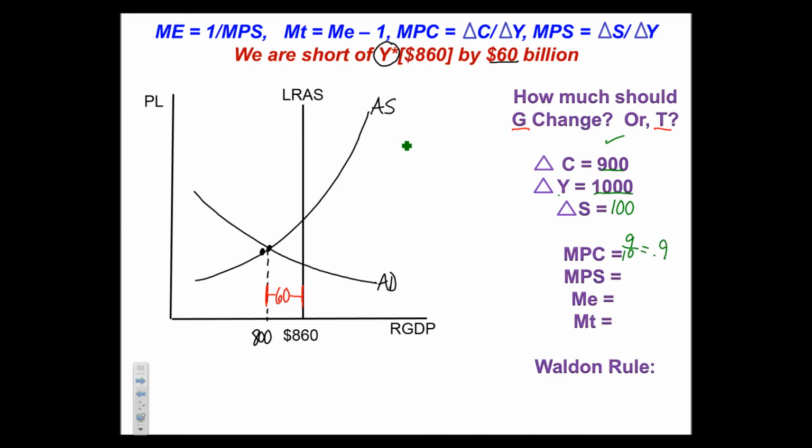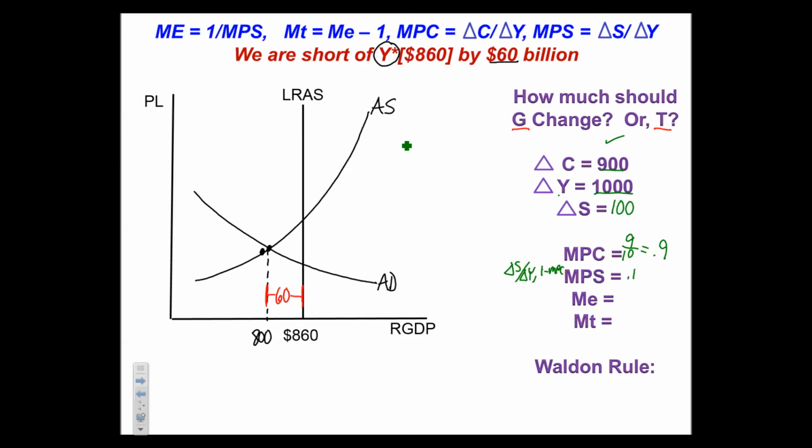That means our MPC is 0.9. Our MPS, well, there's two ways to do it. You can take your change in savings over your change in income. Or we could just do 1 minus MPC. So if MPC is 0.9, that means MPS must be 0.1.